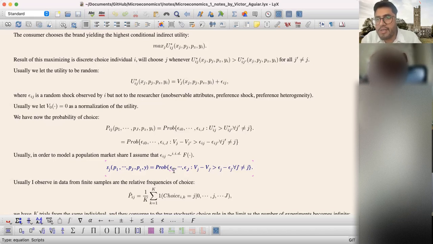So what we're assuming is that preferences are somehow connected, that they have a common structure. So we're assuming that there is a common term, this capital Vj, that is common across all individuals, of course conditional on attributes, conditional on prices and so on, and conditional on income. And then we assume that people differ and they are heterogeneous, but not in arbitrary ways.